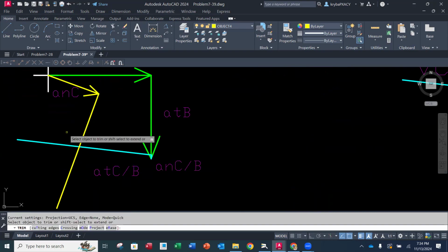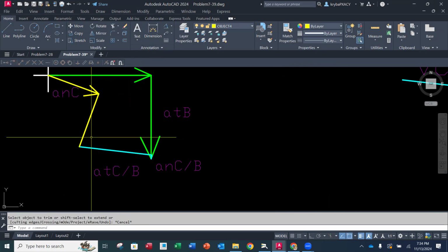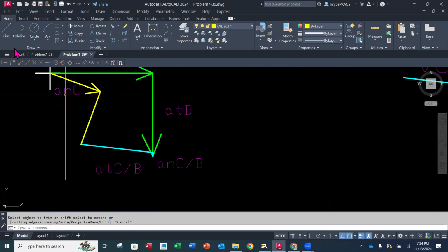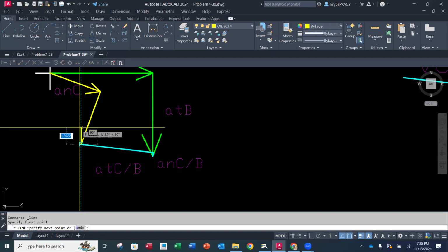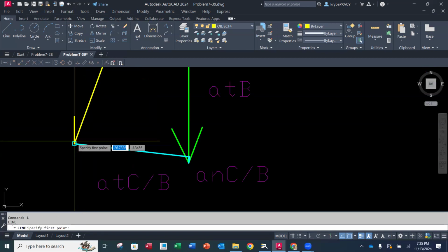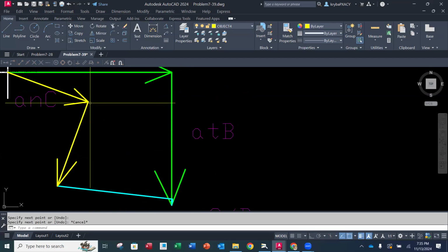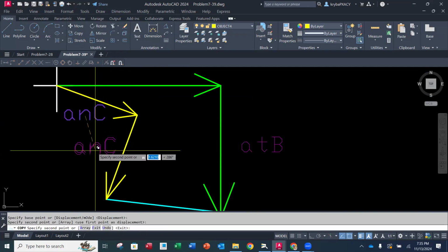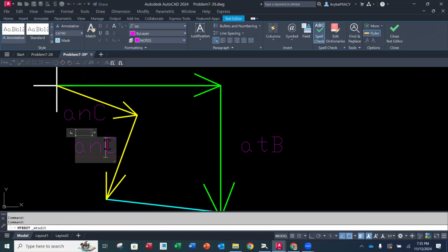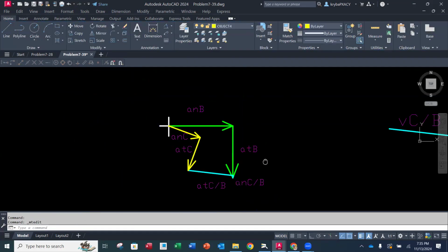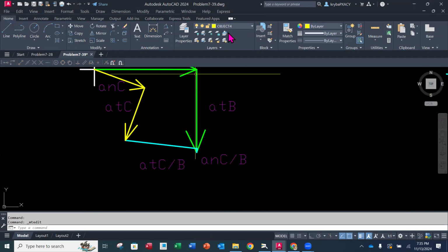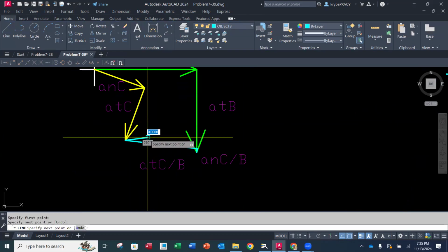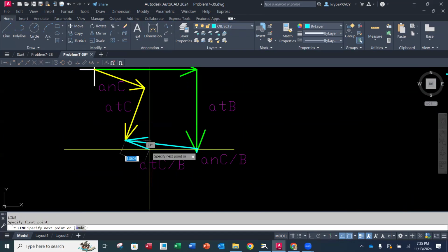And we're going to trim off the parts that we don't need here. And then we're going to add our arrowhead to the end of that intersection. So right here to here, because we're adding this vector. So its tail is going to be at the end point of the normal, and its tip is going to be at the intersection that we just created. And then this is going to be our tangential. All right. And then we're going to add the arrowheads here for the tangential C relative to B.